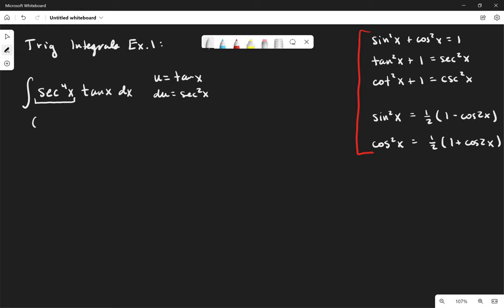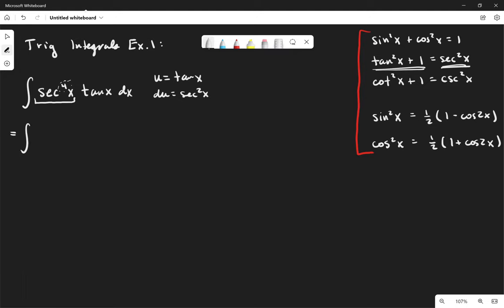I think, okay, I can take two of those out for the u sub. I'm going to have two of them left. The other two I can turn into tangents. That's very, very brief, but it is what I'm just thinking in my head to try to pick the u sub.